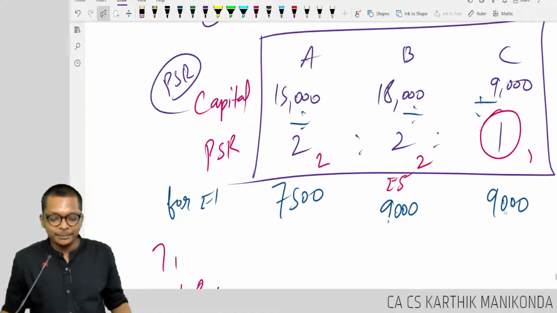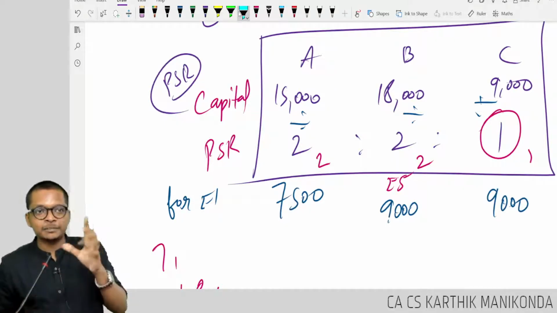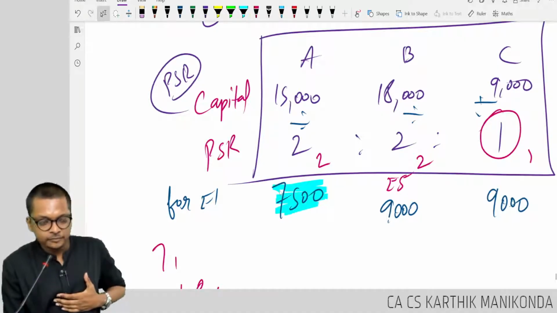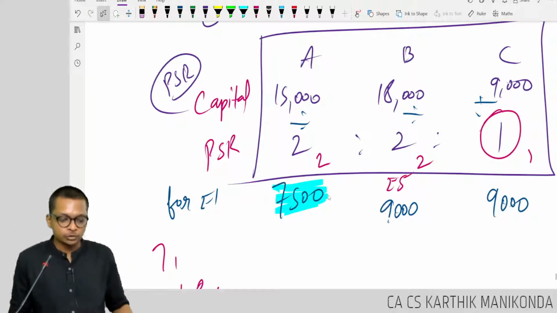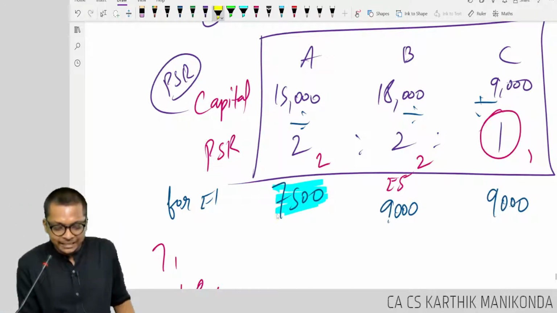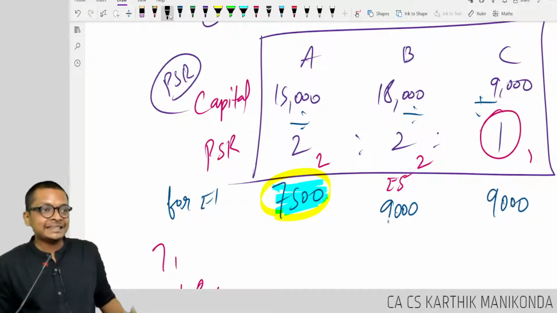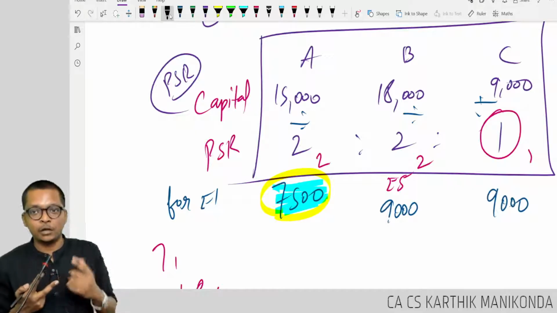So, B and C will tell, we were the ones who made mistake. A, you were smart. Ideally, we also should have given only 7,500, but we gave 9,000. So what they are saying, let us take A's capital as base. We should have invested 7,500 only.